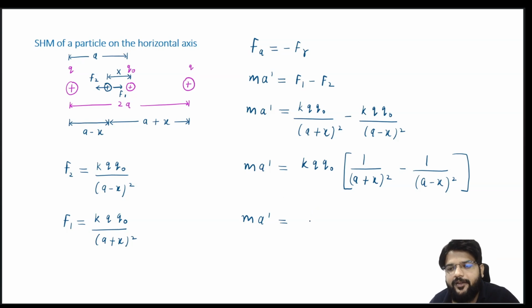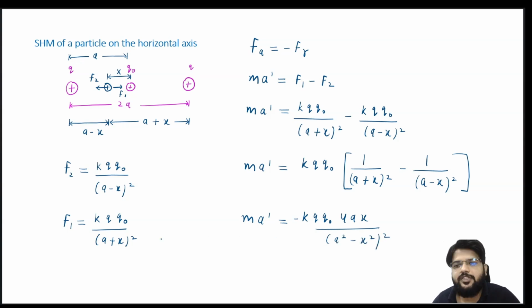So we will get here K Q naught, and 4ax divided by a square minus x square whole square. So this thing we are getting, correct? So I am putting a minus sign here.